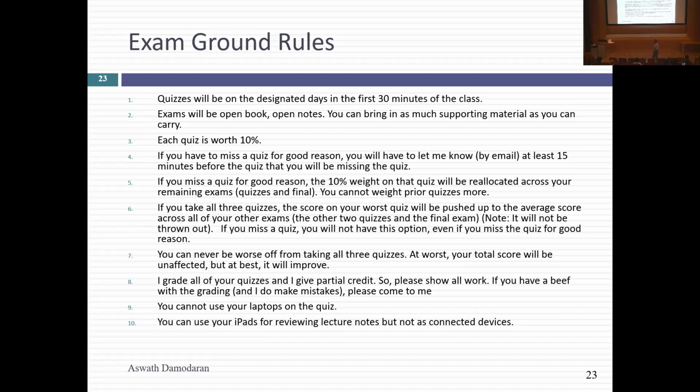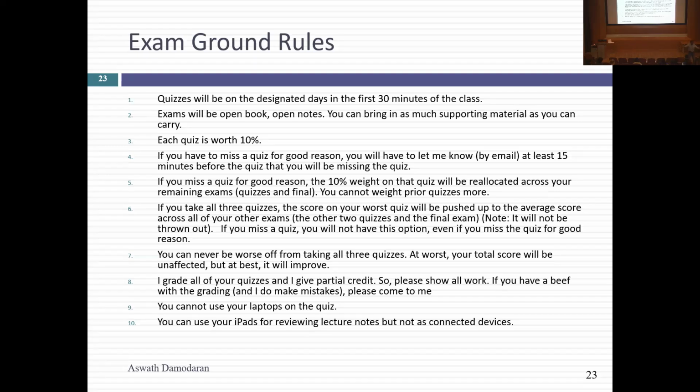So just a few things about the quizzes. And you could read, I won't go through the entire list. If you have to miss a quiz, you have to let me know before the quiz. Almost everything I do is in reaction to people gaming the system. I know you're not that type of person, but I'm talking about that other person who's that type of person. I've had people, when I first started, would take the quiz, and if they did badly, remember, I have a class of 250.